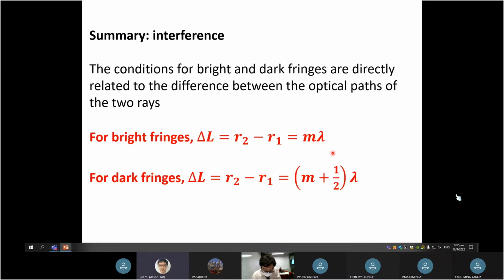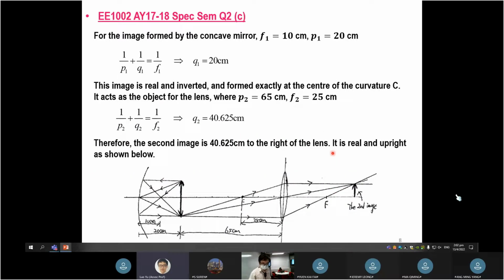Okay, so if no question, yes. One question. The final image, right? Can it act as an object for the mirror again?